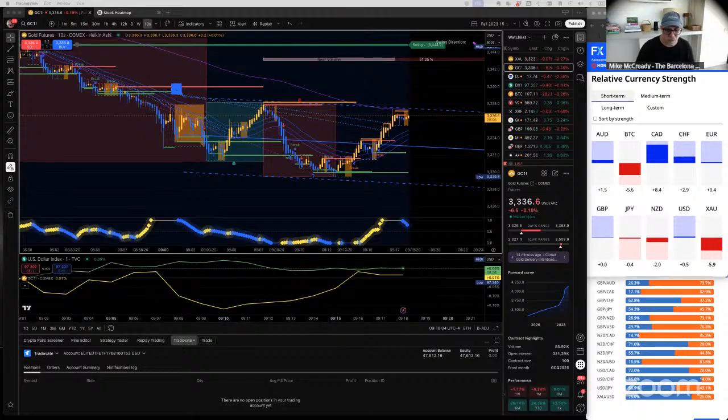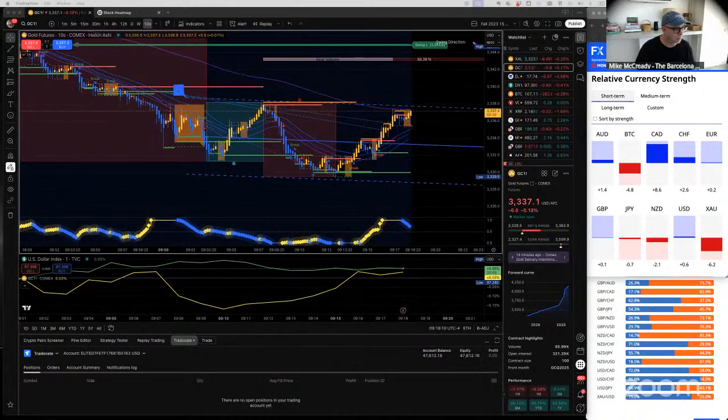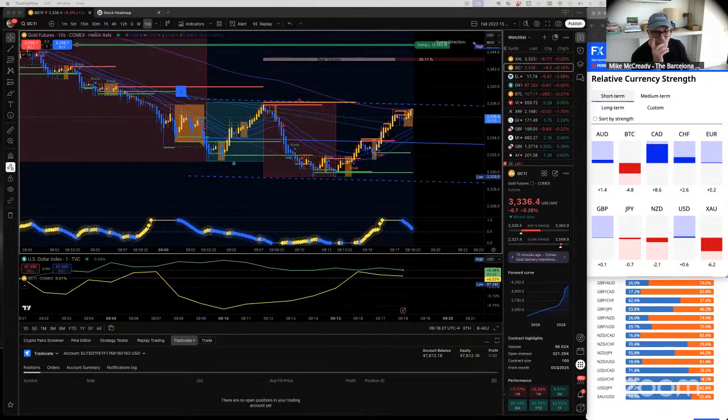But if it breaks through that, I'll join the party. Looks like it wants to break through. Still might not. Don't want to take an irresponsible buy.